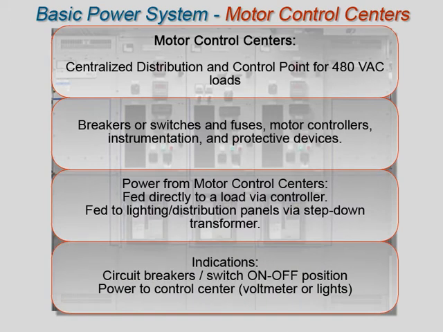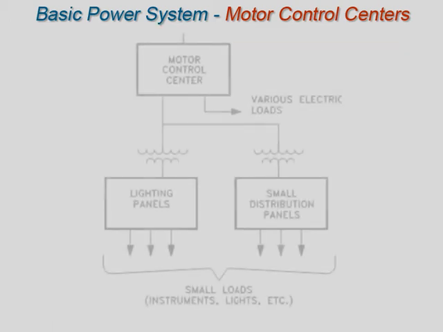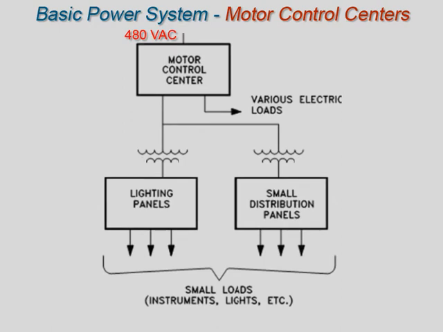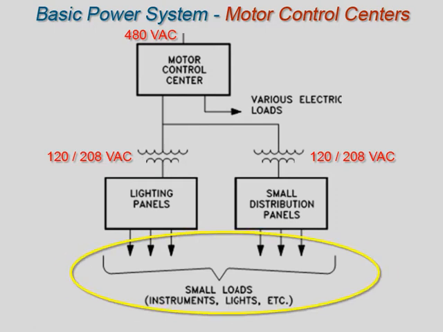The motor control centers typically have indications associated with circuit breakers or switches on and off position, and power to the control center. The step-down transformers further reduce the 480 volt AC power to 208 and 120 volts AC. This power is then distributed to various small loads such as lighting, instruments, and standard outlets.